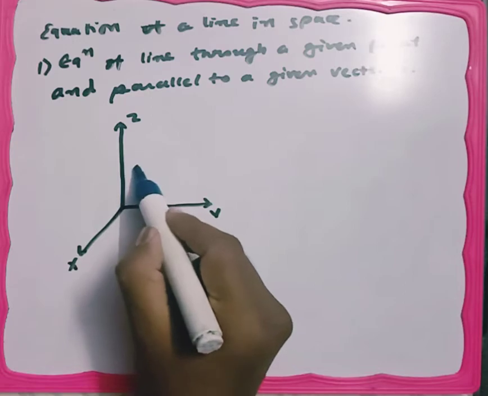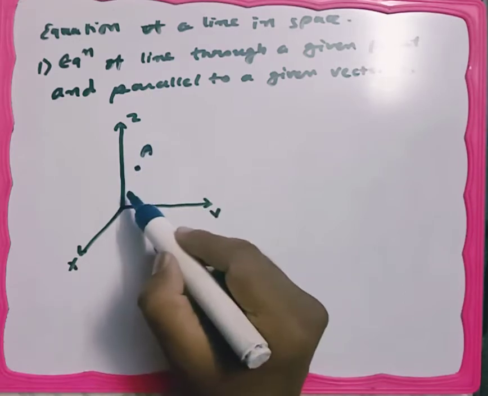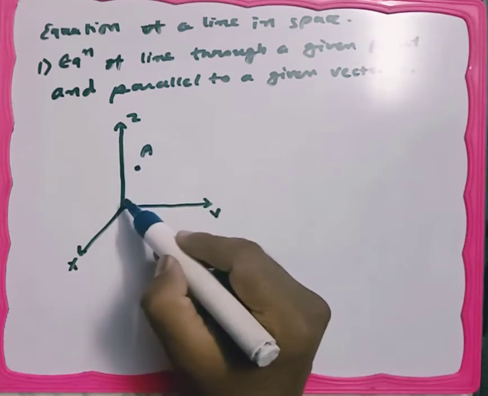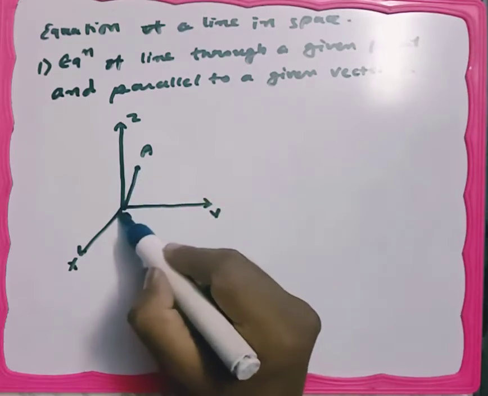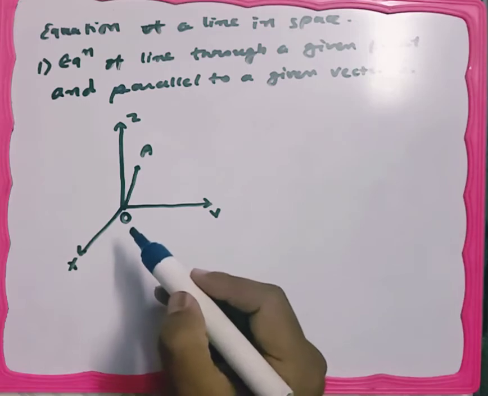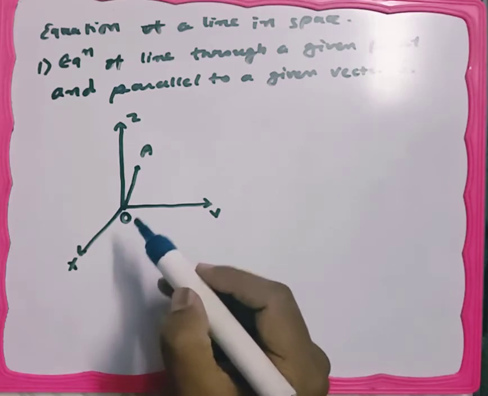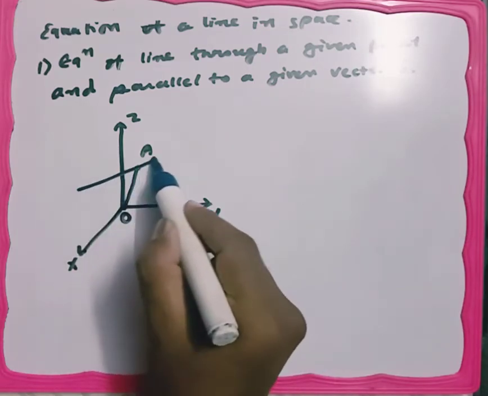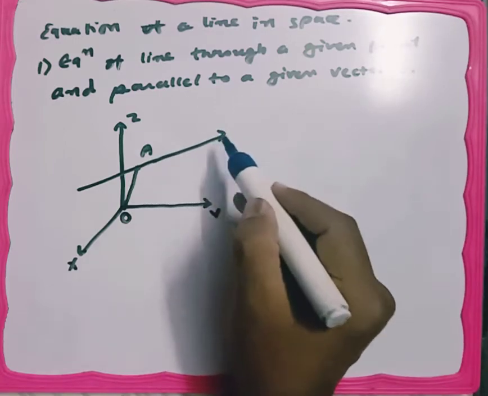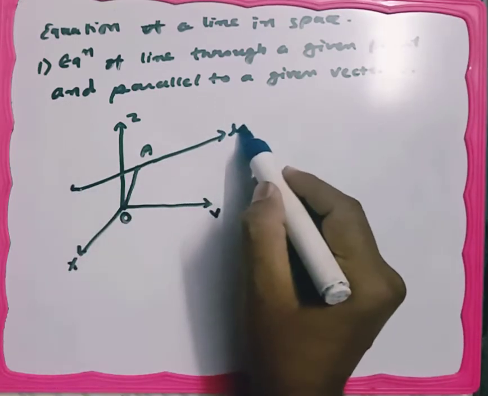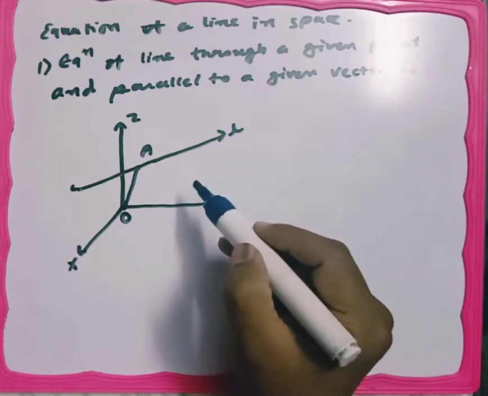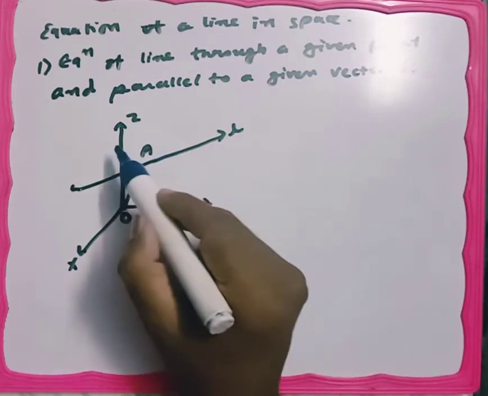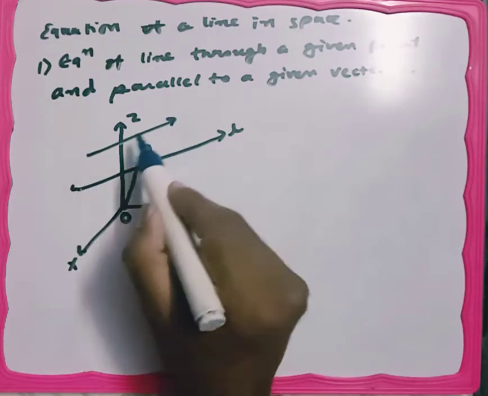Let A be any point, then with respect to origin O, OA is its position vector, and let L be any line passing through A, which is parallel to the given vector B bar.